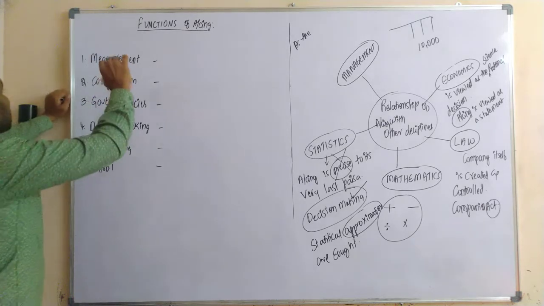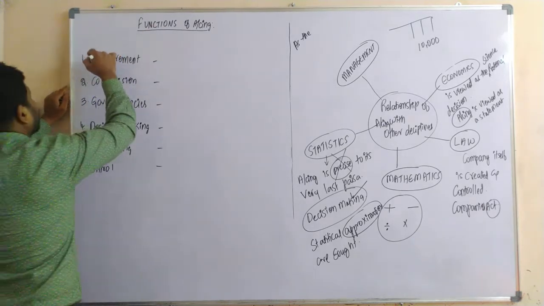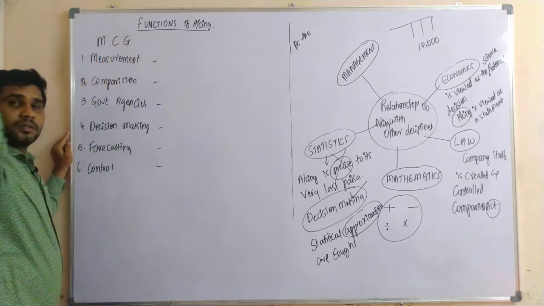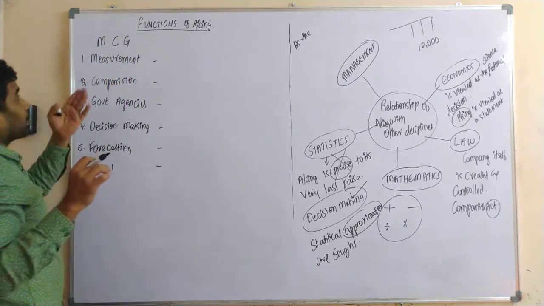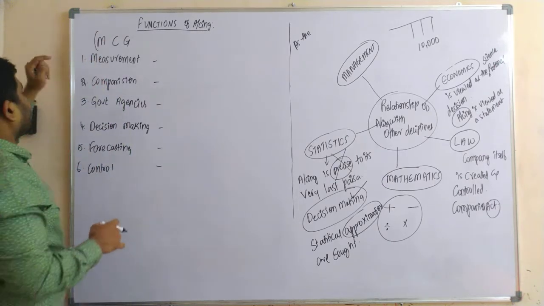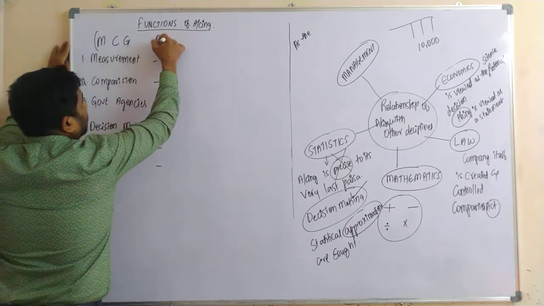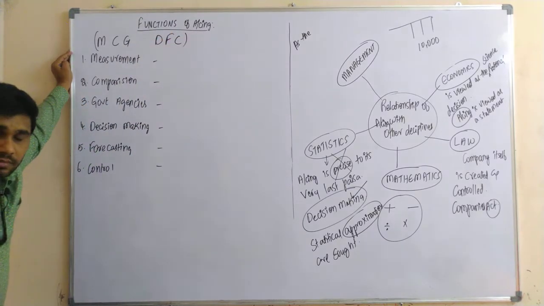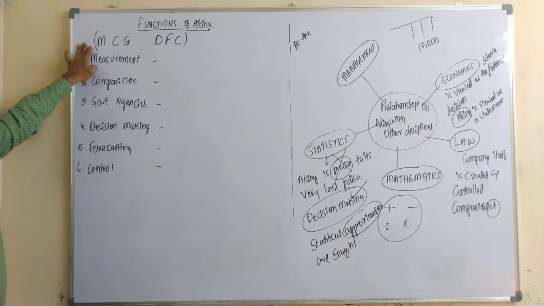So how can we remember this? That would be your MCG. So to remember your functions of accounting, there is something called as a small story. MCG ground, DFC chicken. Your MCG ground and DFC.